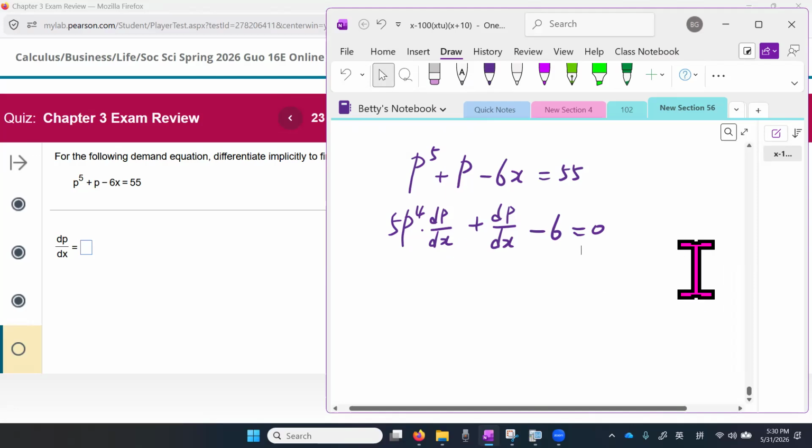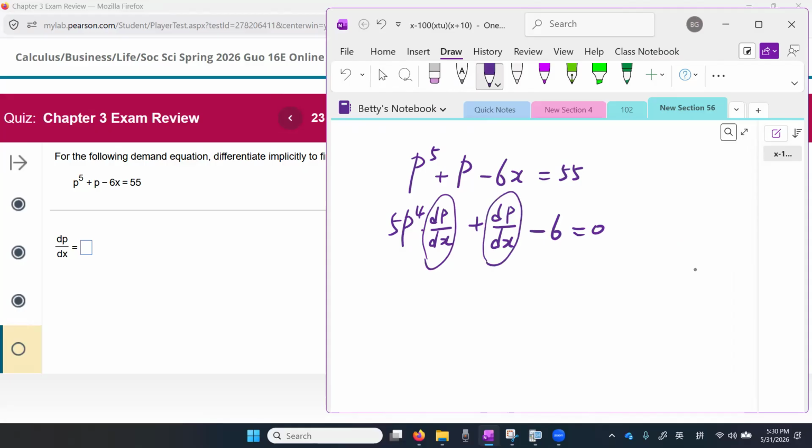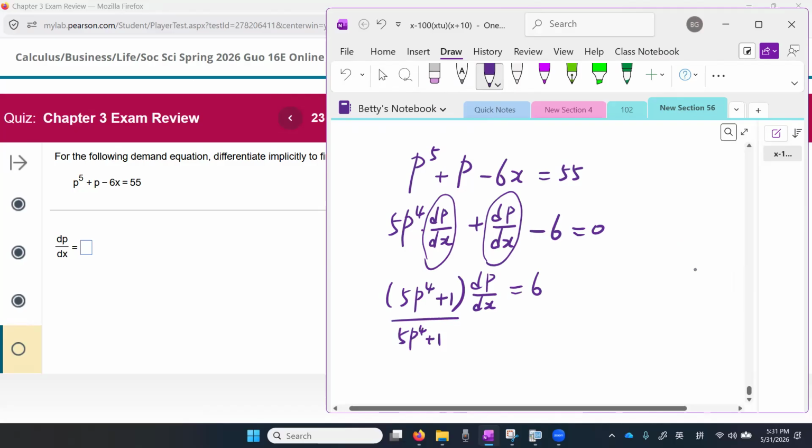Okay, so we are going to factor this out. We have 5p to the fourth plus 1, times dp/dx, equals 6. And then divide each side by 5p to the fourth plus 1.